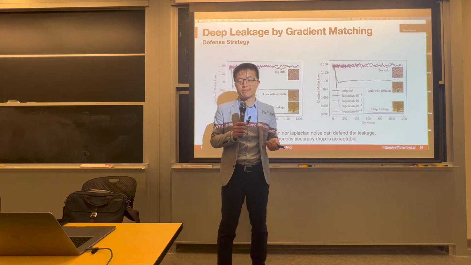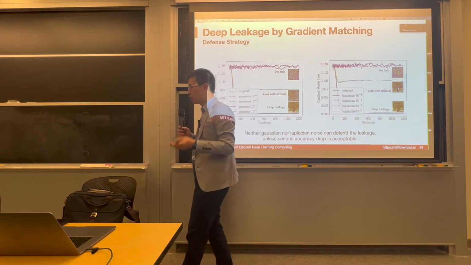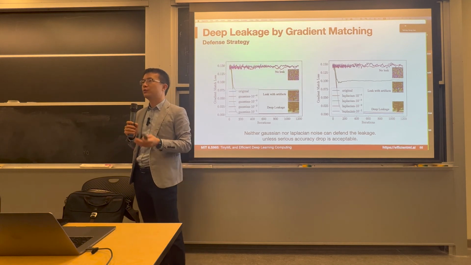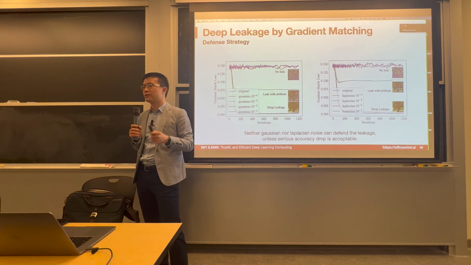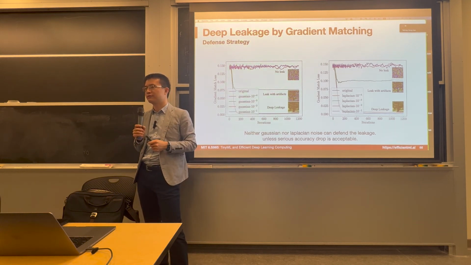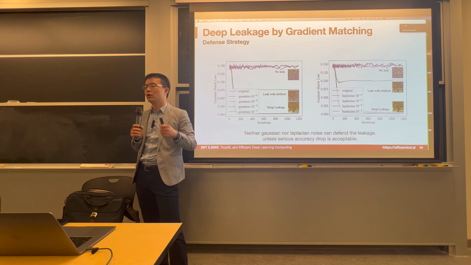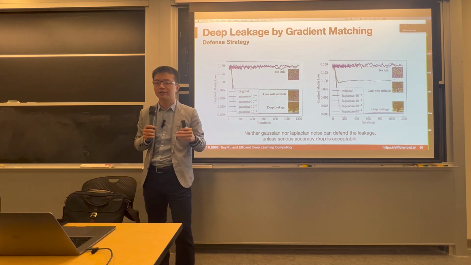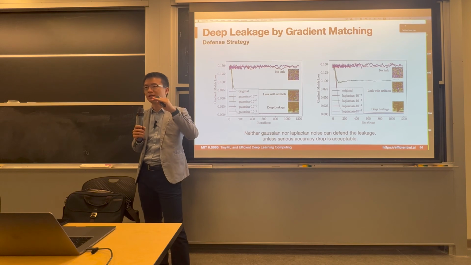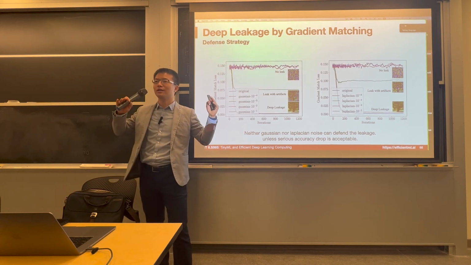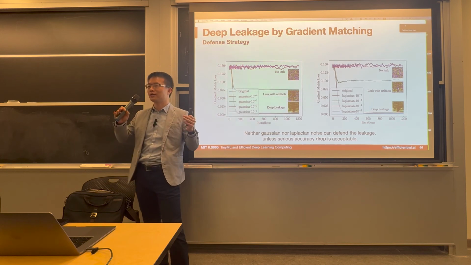If you increase the batch size, it's like you're solving an equation. There are so many parameters to solve, but just a limited number of equations available. We are trying to match the gradient, which has a fixed number of dimensions. What if we have a super big chunk of images, so many pixels?